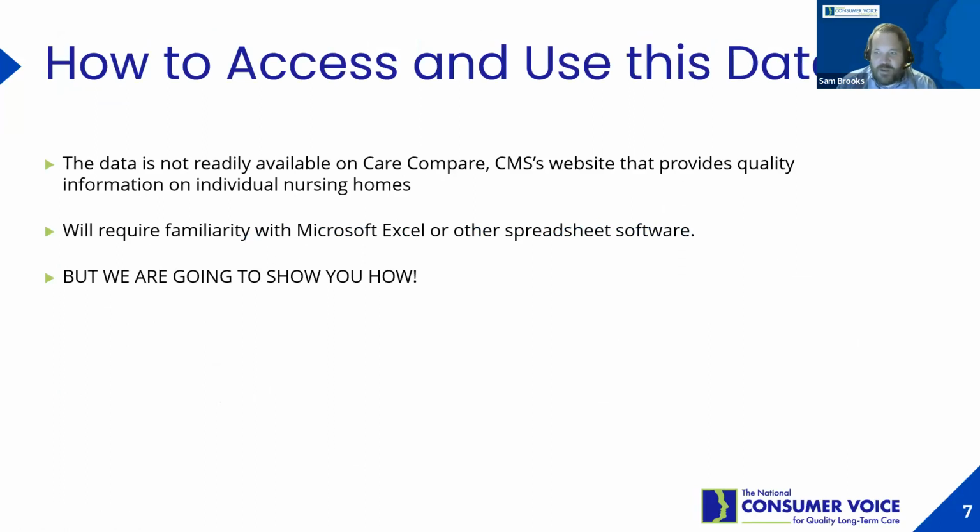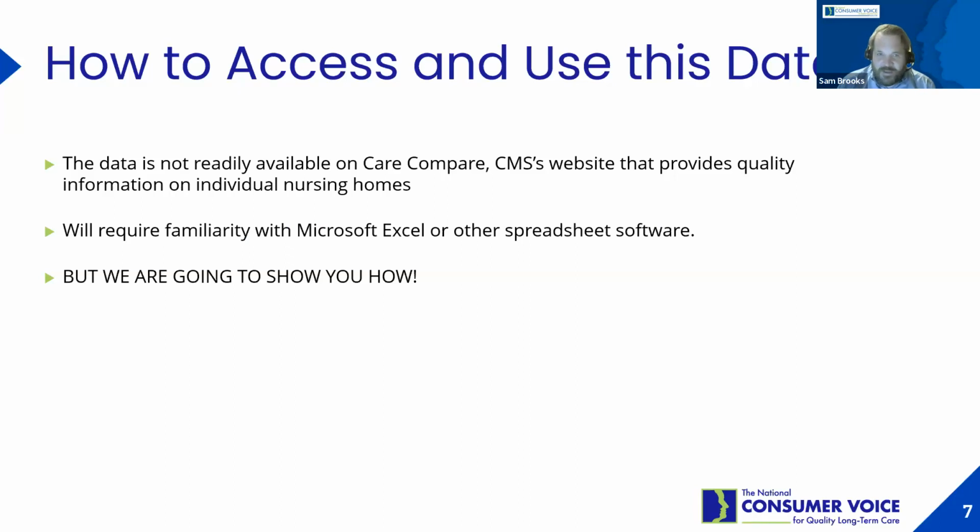One thing that we are concerned about, and that's why we're having the webinar today, is that it's not readily available. There's an extra step. While you have the affiliate number, you have to go and download data and be familiar with how to manipulate data in an Excel spreadsheet or other spreadsheet software.